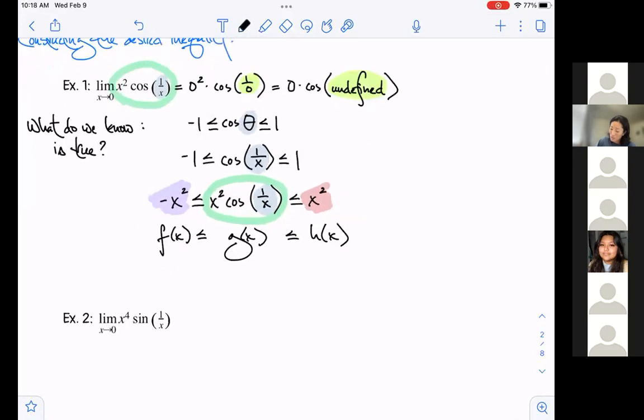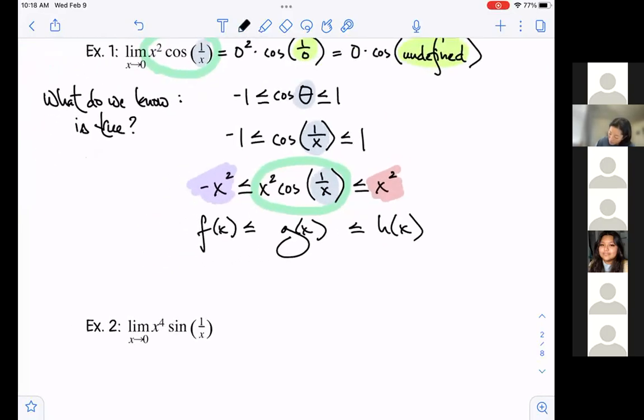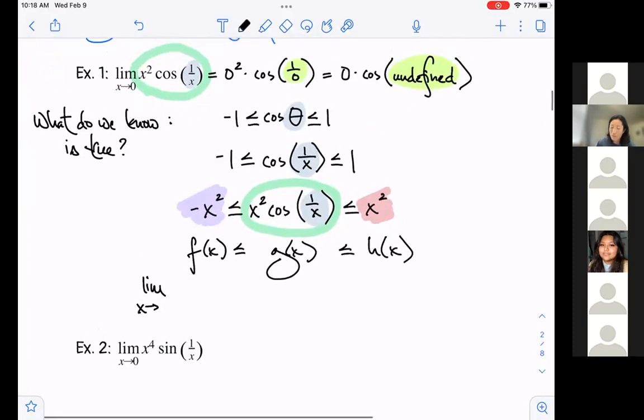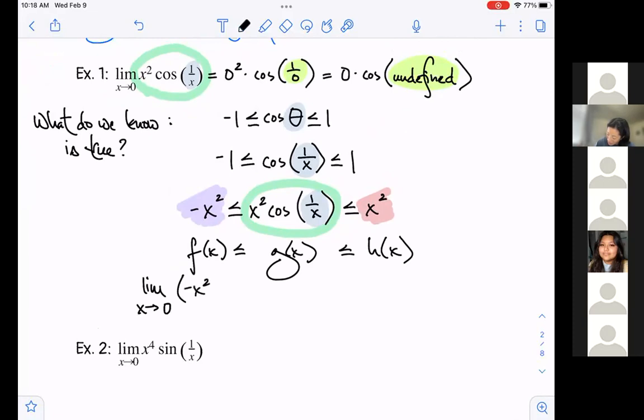Okay, so let's check this out. The limit as x approaches, what value should I be trying to get close to here? 0. Okay. So limit as x approaches 0 of negative x squared. And we are choosing x squared because we literally want to match the question. So if this were x to the 10th, I would multiply everything by x to the 10th.